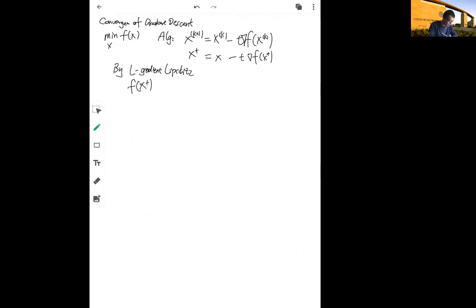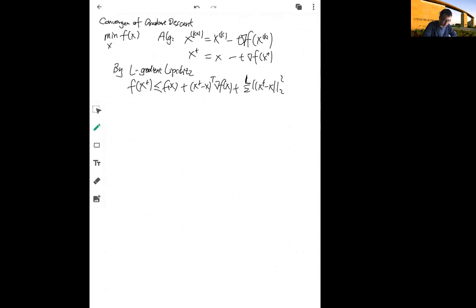we can apply the first order condition, something like a Taylor expansion, right? So f of x plus is at most f of x plus x plus minus x transpose gradient of f at x, plus x plus minus x transpose, L over 2 times identity, times x plus minus x. Notice that we can write this as a valid upper bound because of the L gradient Lipschitz condition.